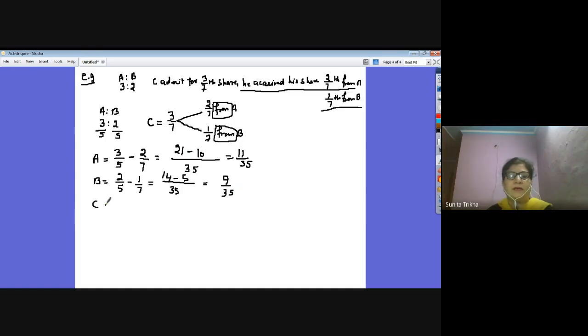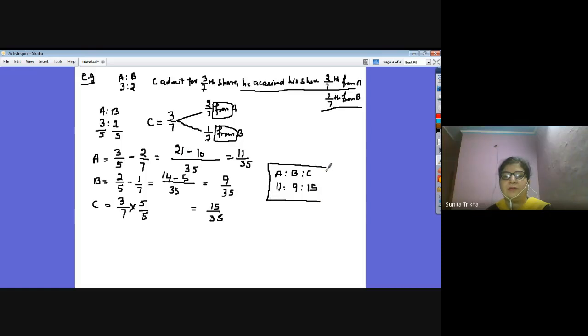And C's share is already the new share, but to equalize the denominators, you will multiply by 5, equal to 15/35. Hence, the new ratio A is to B is to C is 11:9:15. This is the new profit sharing ratio.